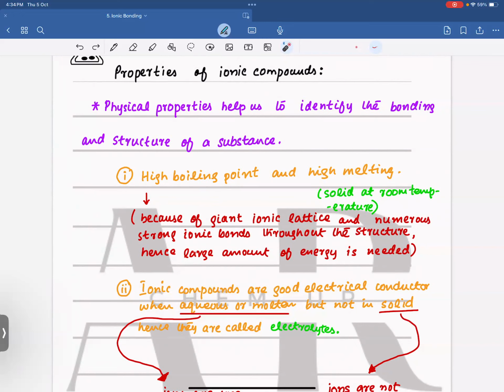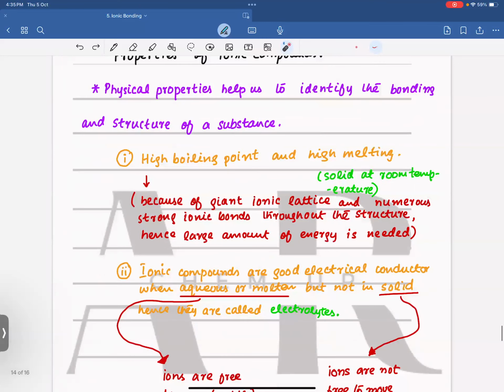Which particles are responsible for electrical conduction? Electrons, right? But here that is a different case. That's why we call them electrolytes, not conductors. In a conductor, electrons move and electricity is conducted. Here in electrolytes, ions are responsible.